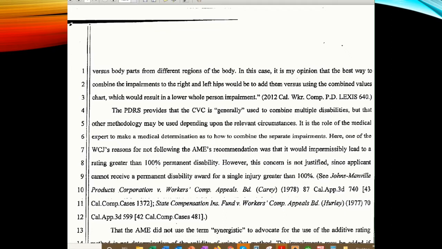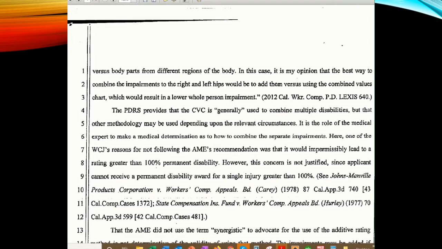And this is an important principle wherein the synergistic effect is perfectly applicable, and that has to do with impairments to multiple body parts where one impairment cannot be compensated for due to the other impairment. In those cases, there is what's referred to as a synergistic effect of one impairment upon the other, and that's a perfect and logical and perfectly reasonable opportunity for you to use the additive method versus the combined method.